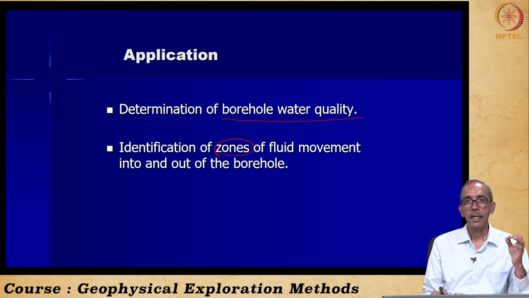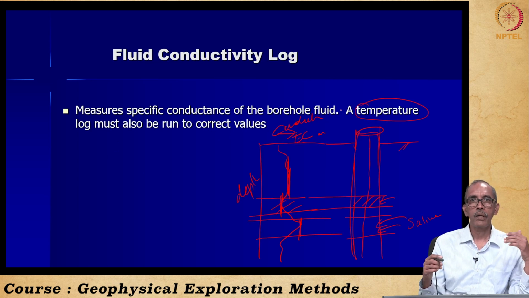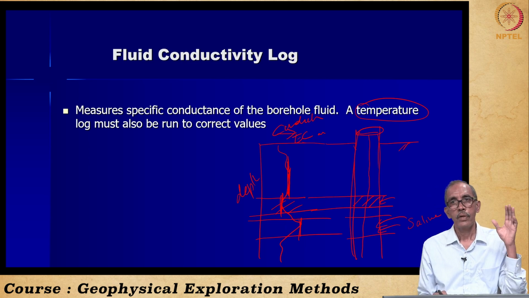However, the electrical conductivity also depends on the temperature of the fluid. That is why we had seen temperature logging previously. Always the resistivity or conductivity of the fluid has to be corrected for the temperature. Hence, we have already taken the temperature log.